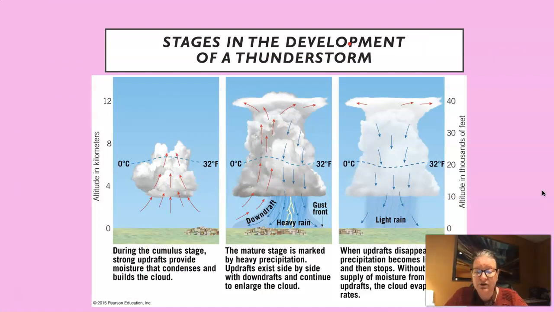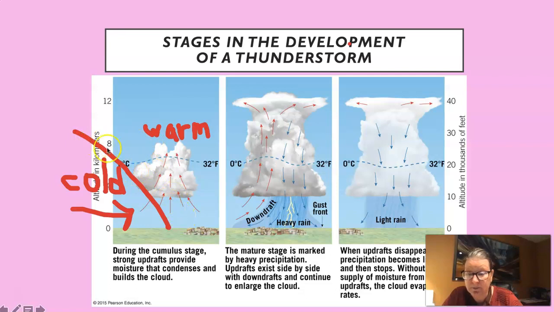So what are the stages of development of a thunderstorm? Well, the first stage involves rising air. And remember, when air rises, it cools, condenses when it reaches the dew point, and then it becomes clouds, rain. Remember that in this first picture, we actually do have a cold front here. Cold air is moving in, warm air is rising.